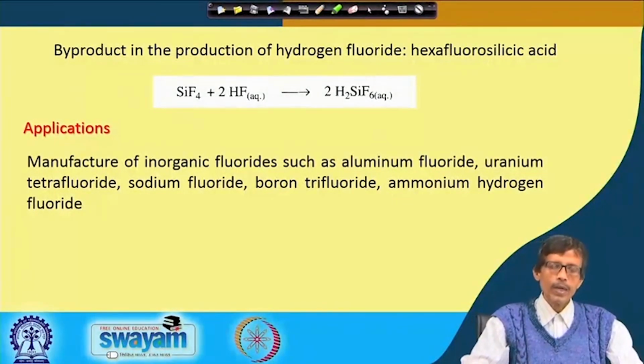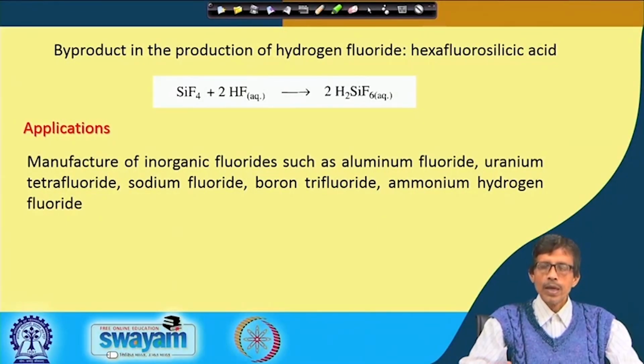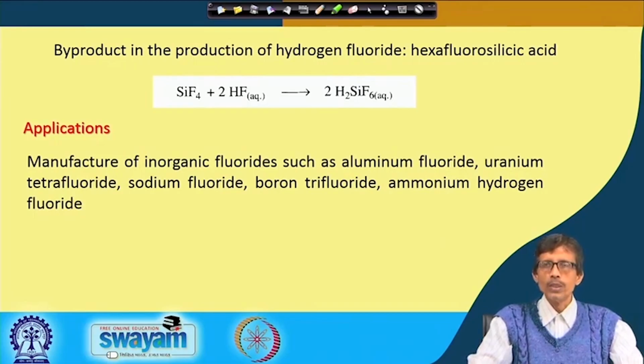Similarly, laboratory or industry prepared aluminum fluoride as cryolite, Na3AlF6, can also be utilized for aluminum production. Then uranium tetrafluoride, UF4, sodium fluoride, and one very useful molecule used in all research and organic chemistry laboratories, boron trifluoride, BF3.